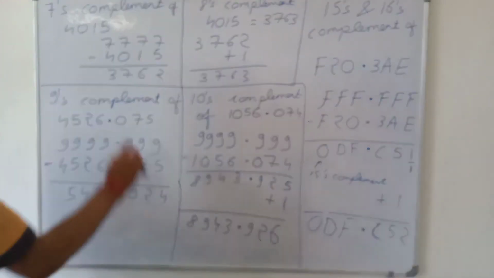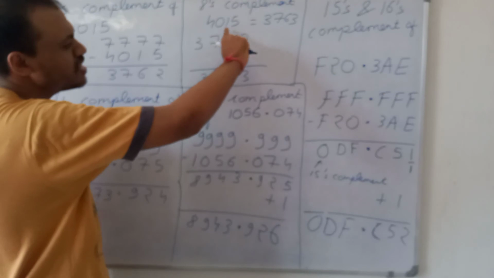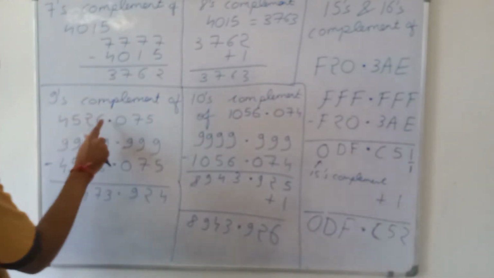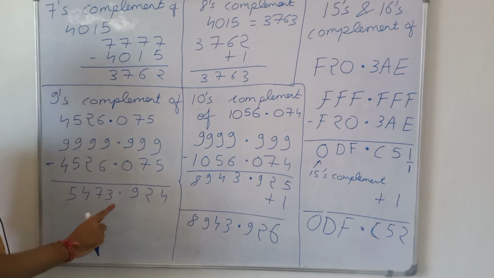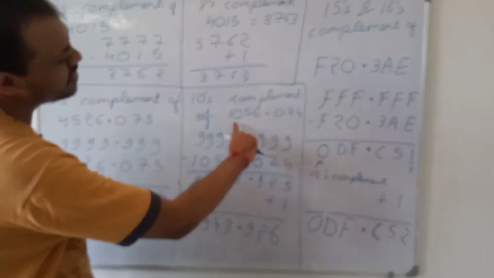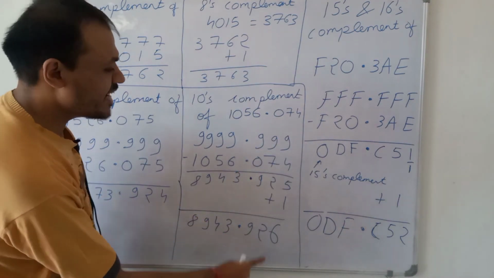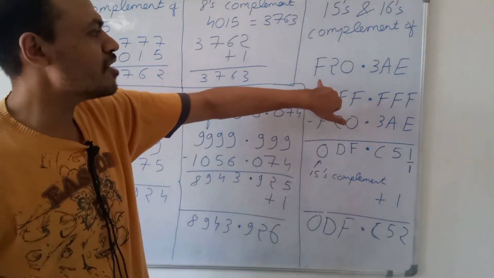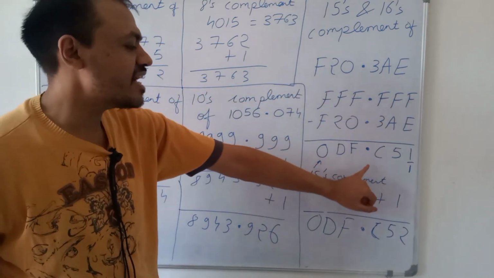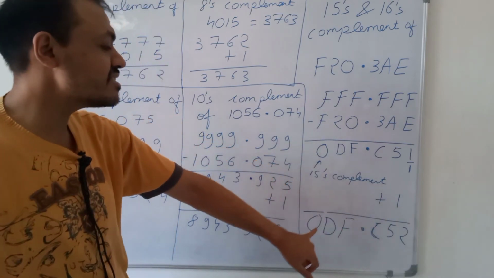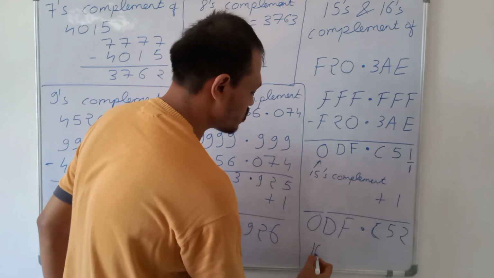So the 7's complement of 4015 is 3762, 8's complement of 4015 is 3763, 9's complement of 4526.075 is 5473.924, 10's complement of 1056.074 is 8943.926, and 15's complement of F20.3AE is 0DF.C51, and if we add 1 to this, we get the 16's complement, which is 0DF.C52.